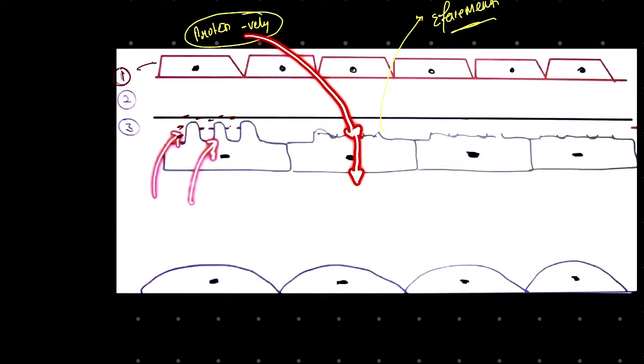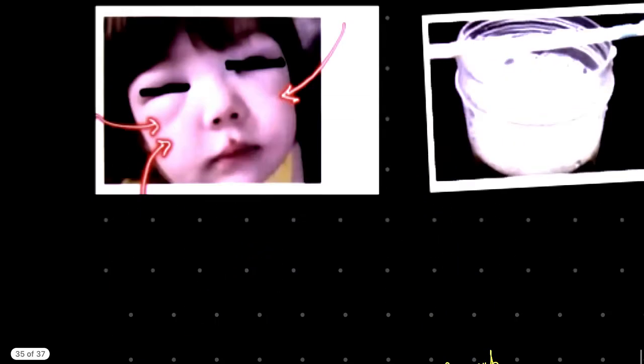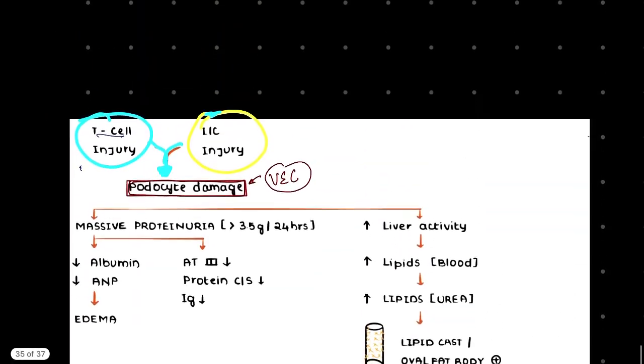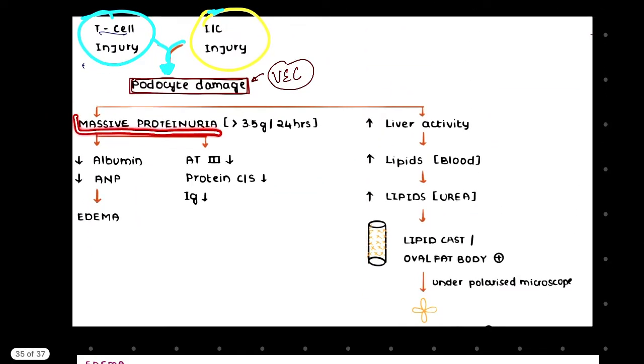So we will see proteins here. We are saying there is massive proteinuria. How much? Greater than 3.5 gram per 24 hours. Daily there will be a loss of 3.5 gram per 24 hours. I think now it's clear why there will be massive proteinuria.